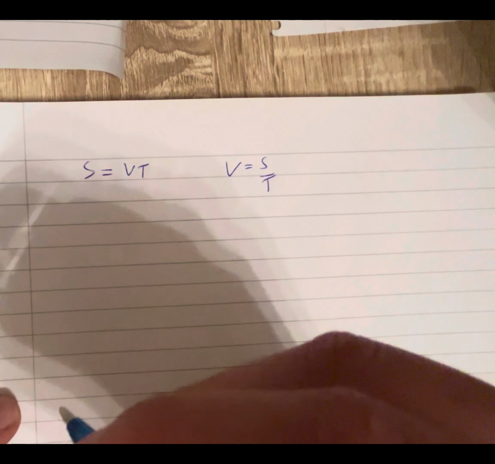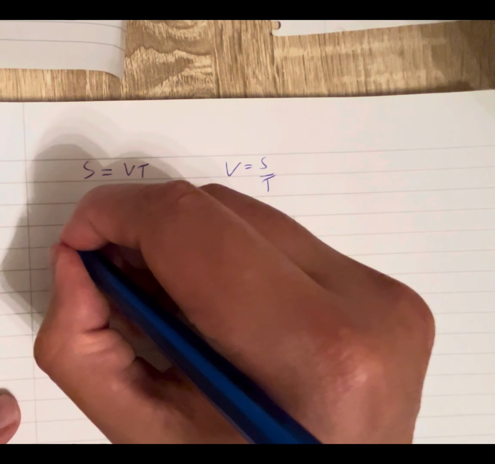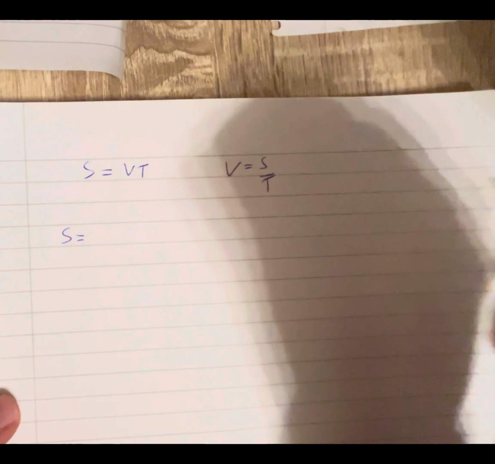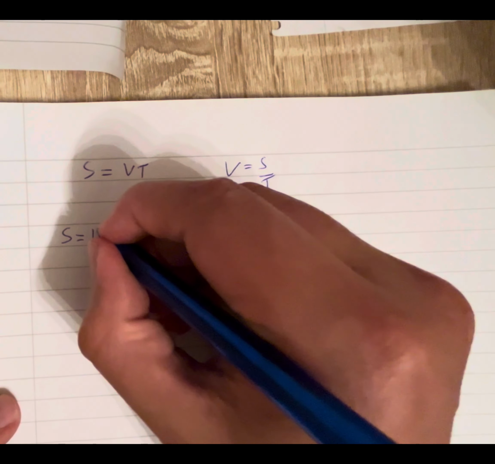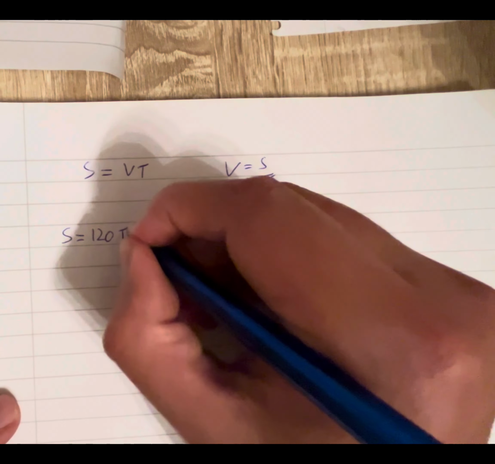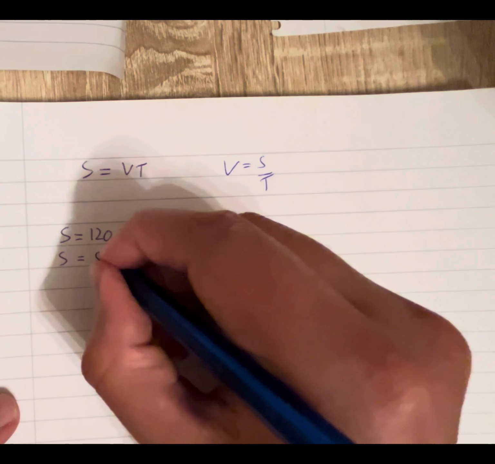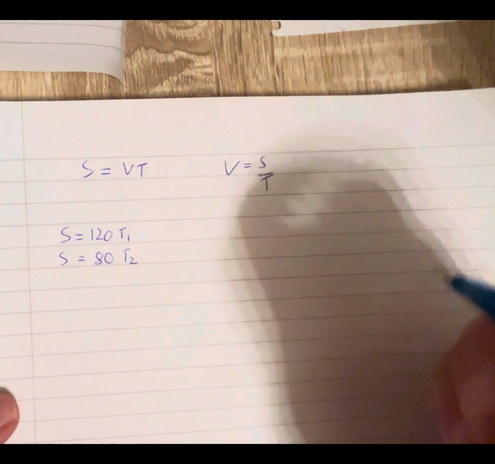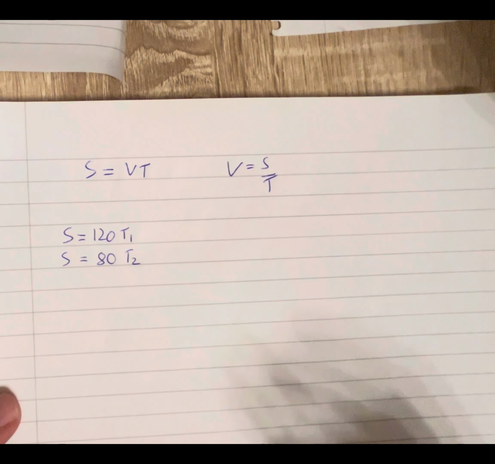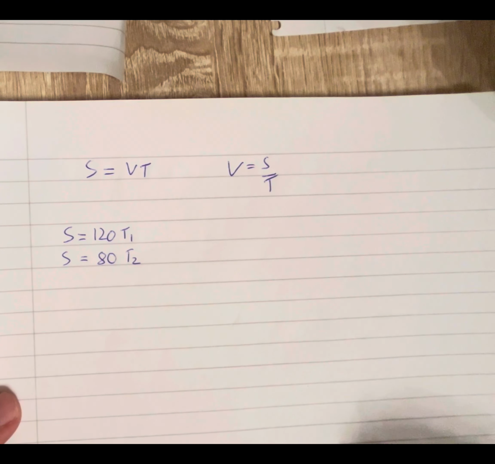Right, so the distance is the same, because he's covering the same distance. So we've got the interval for the first leg, and then the interval for the second leg. They're going to be different times, obviously.